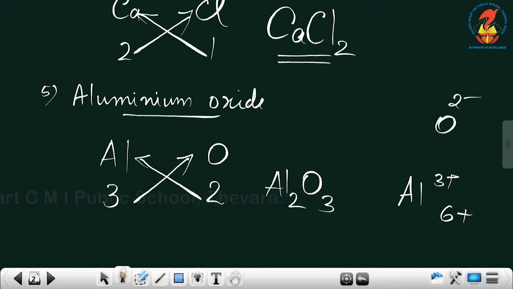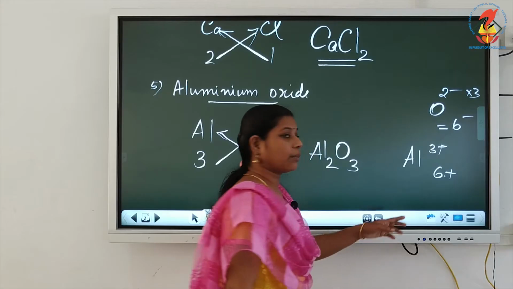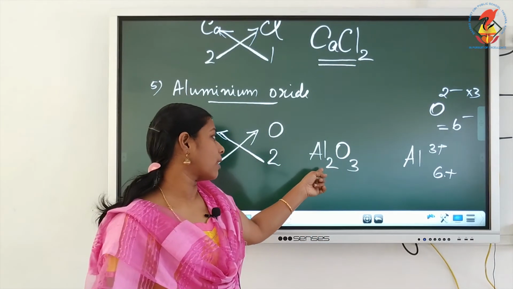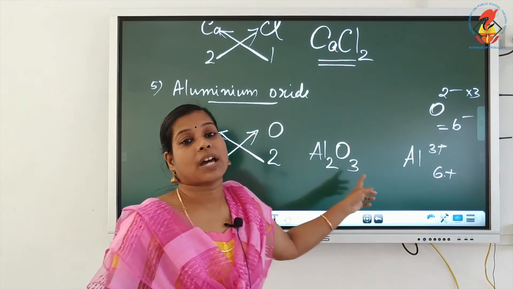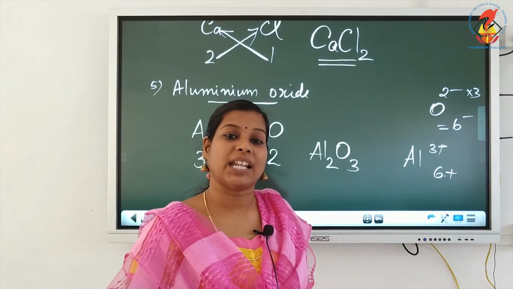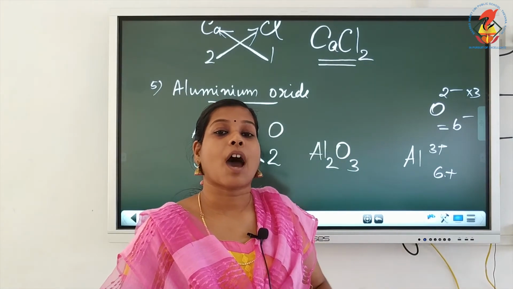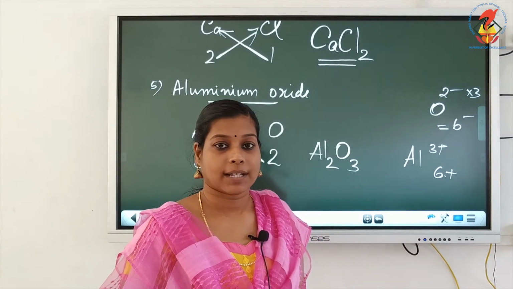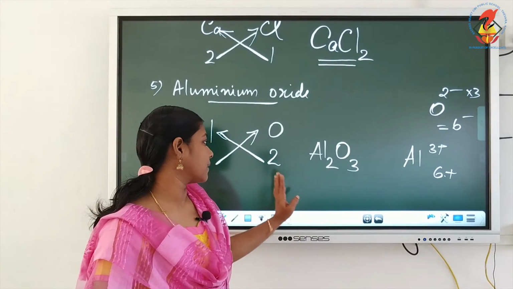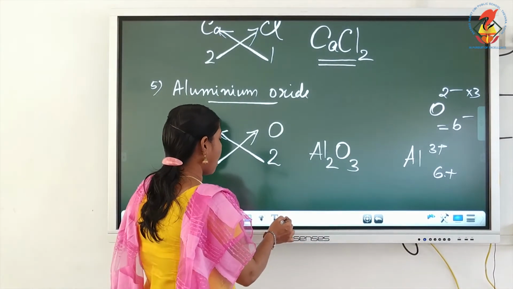For 3 oxygens, 3 into 2 minus gives 6 minus. Plus 6 and minus 6 make 0. That is what I told you, the charges should be nullified, or balanced. Clear? Okay, this is the formula for aluminium oxide.